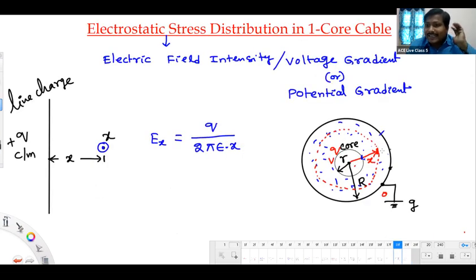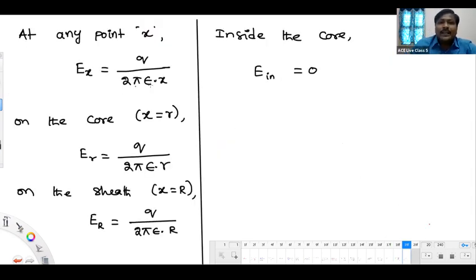Starting from core to sheath, at any point you want to measure, you go with the equation Q by 2 pi epsilon into X. This equation is valid only for X greater than small r, whereas for X less than small r, the electric field intensity will be 0.